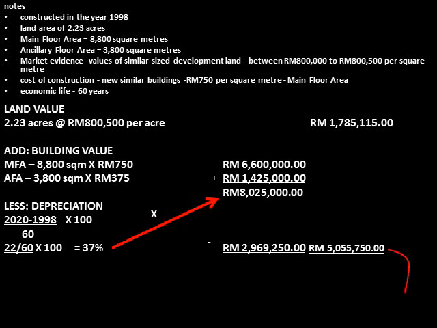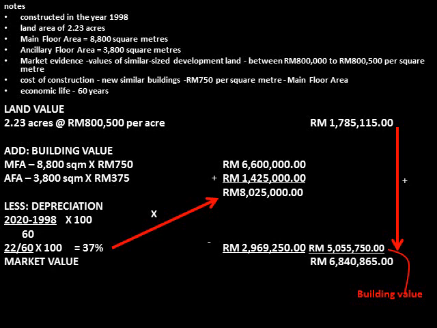So now this is the building value after deducting the depreciation. Then what is the next step? It's very easy. Just add up the land value and building value, and you will get the market value. Here, the market value is 6.8 million.